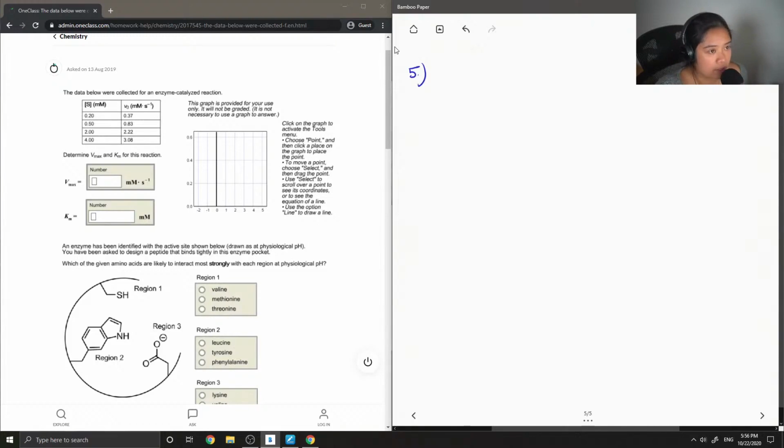So first I'm just going to write down these concentration values, and then these velocity values.